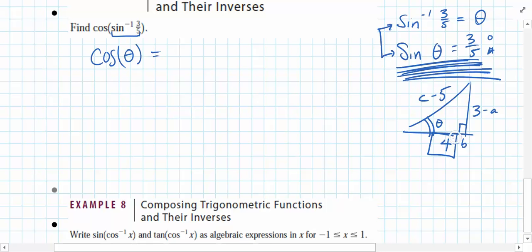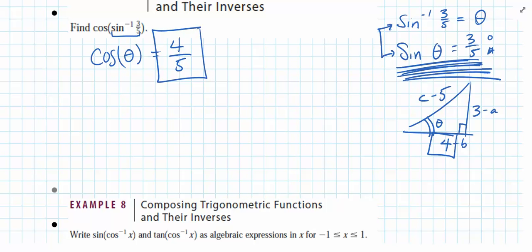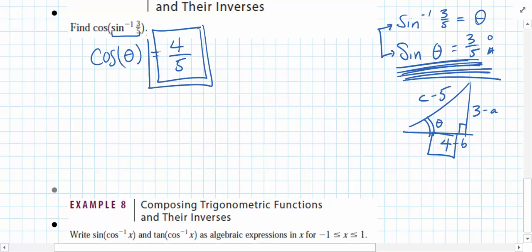Cosine of that theta is simply equal to its adjacent side divided by the hypotenuse. Since we found our adjacent side, cosine of that theta is equal to 4/5. Therefore, the composition of functions cosine of arc sine of 3/5 is simply equal to 4/5.